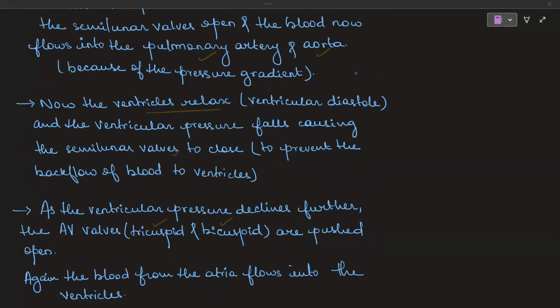This is known as ventricular diastole. And then the ventricular pressure falls, causing the semilunar valves to close. Again, why? Once the blood flows into the pulmonary artery and the aorta, the semilunar valves will close so that blood does not go back into the ventricles.